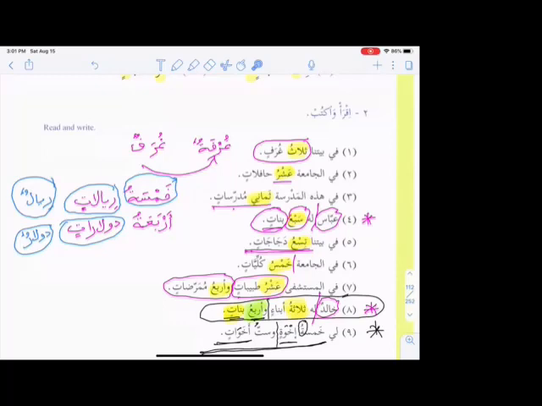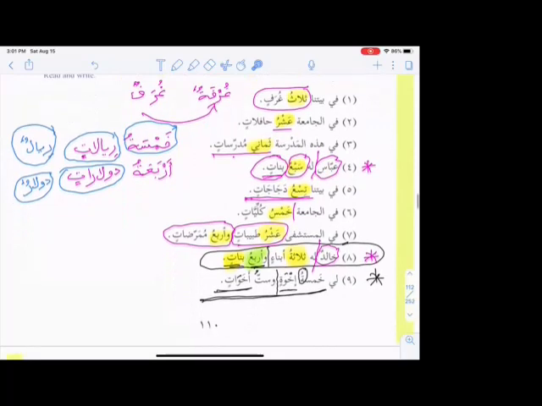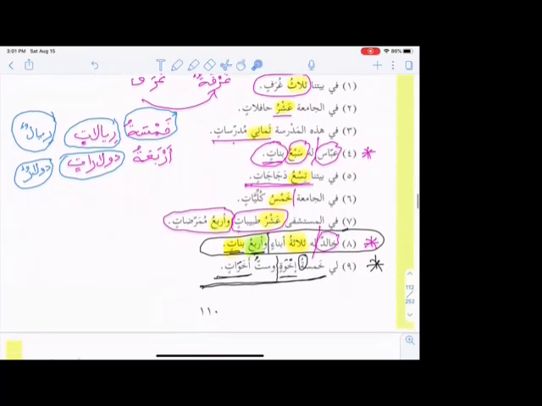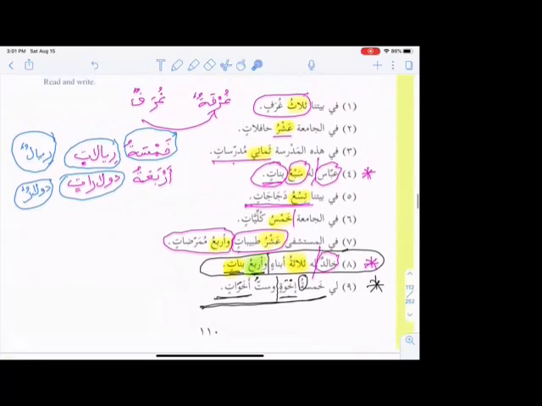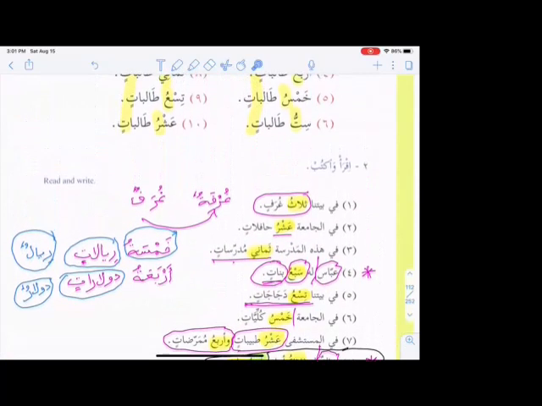Fine. Alhamdulillah. So here we have riyalatin. Is riyalatin somewhere here? No, anyway. There's another thing here. Riyalatin. Now here it looks like a feminine. But it is not feminine. What is the singular?